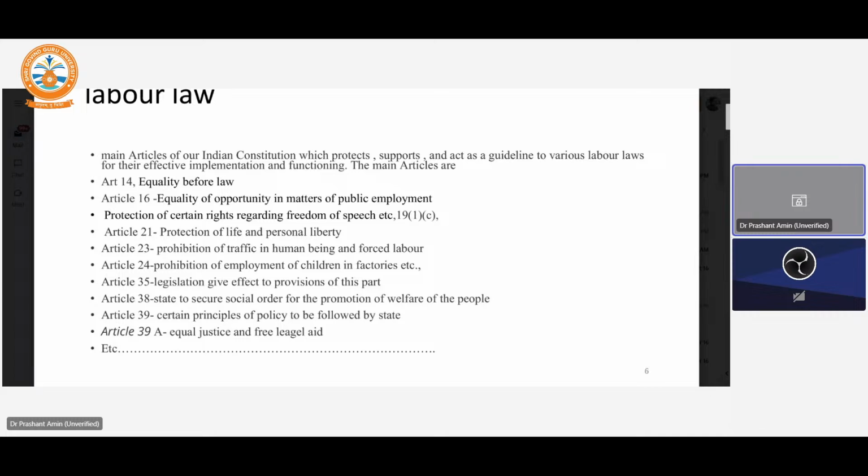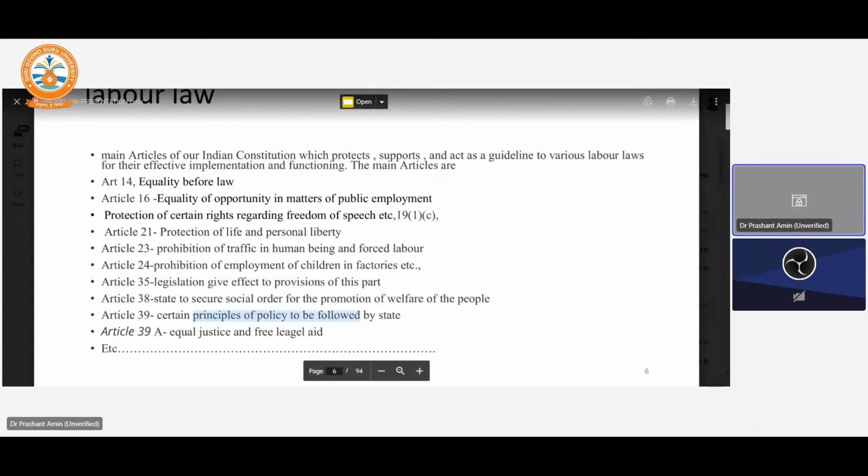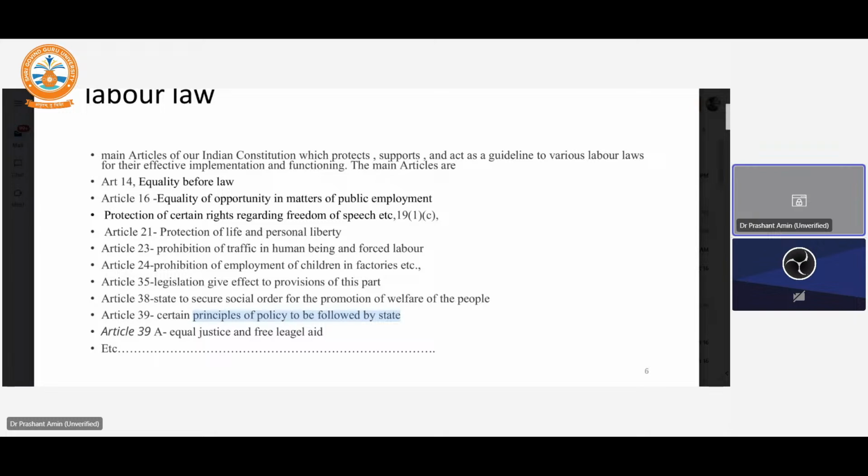All this kind of facility, which is considered labor welfare facility, is under Article 38. Article 39 says that principles of policy are to be followed by the state.